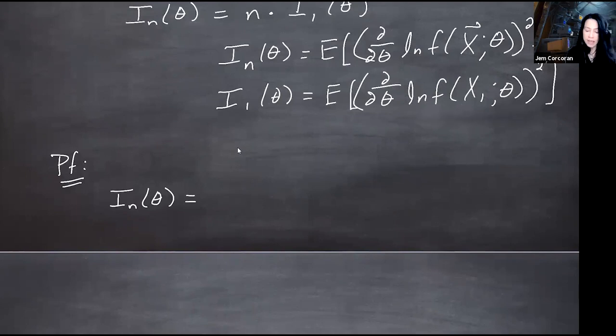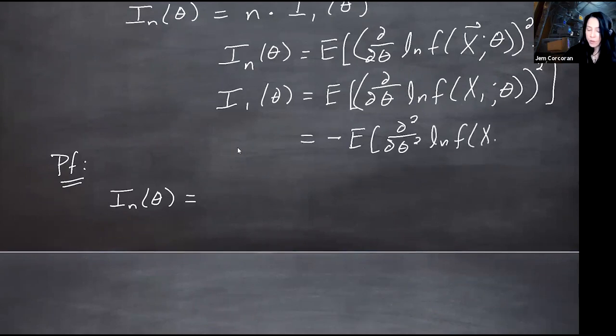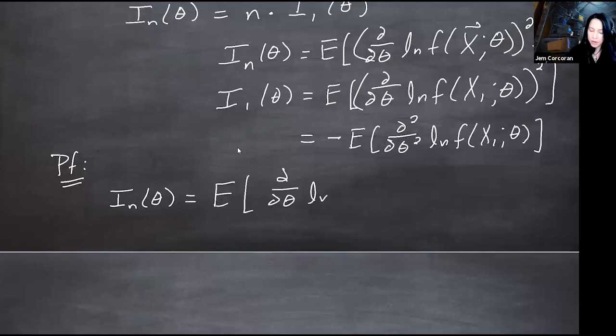If I go back up to the line above, we can use our second derivative definition when we have a vector of length 1. So this is also the negative of the expected value of the second derivative of the log of f of x1 and theta. But going back to my proof, it's the expected value of, I'm going to use the squared version.